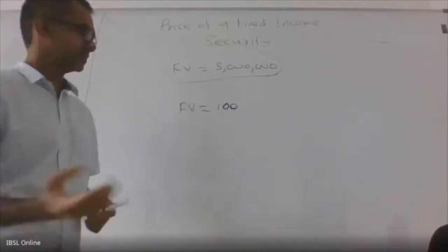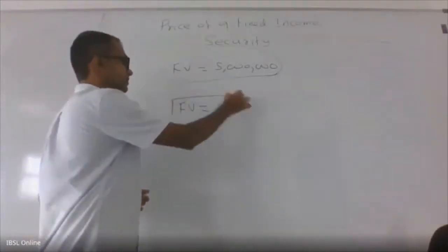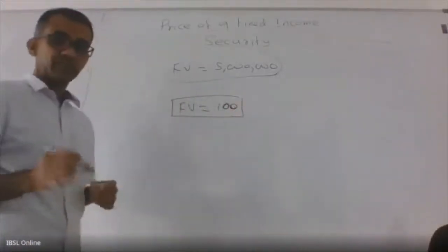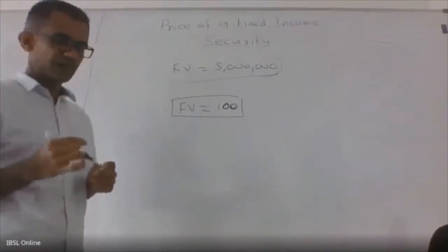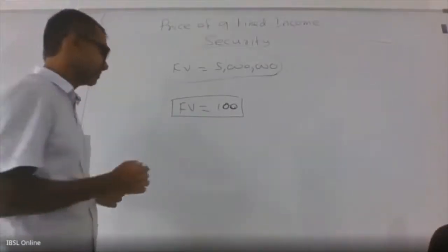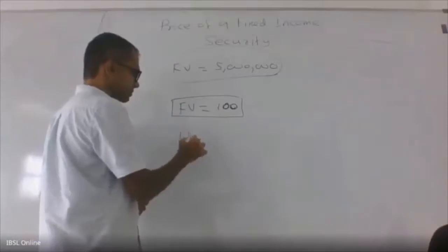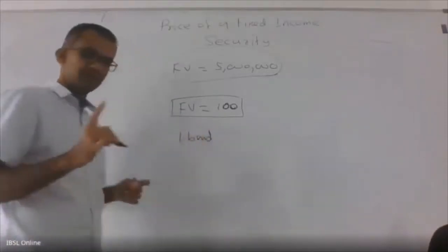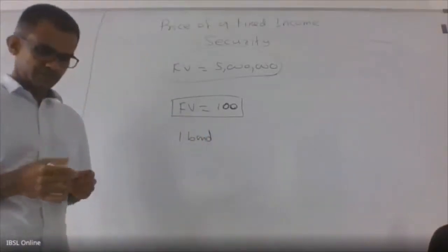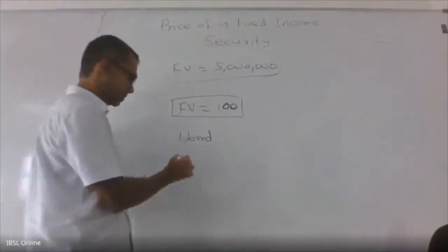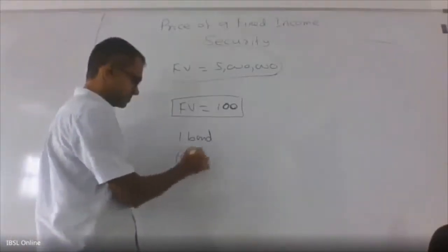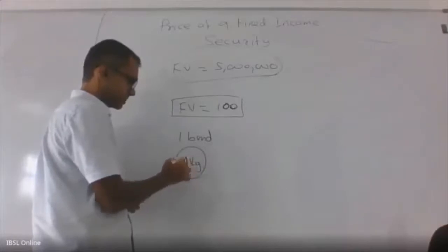Now, in today's example, you saw I used face value as 100. But in reality, in the Sri Lankan context, one bond is like one unit, if you say 1 kilogram, this is the unit.